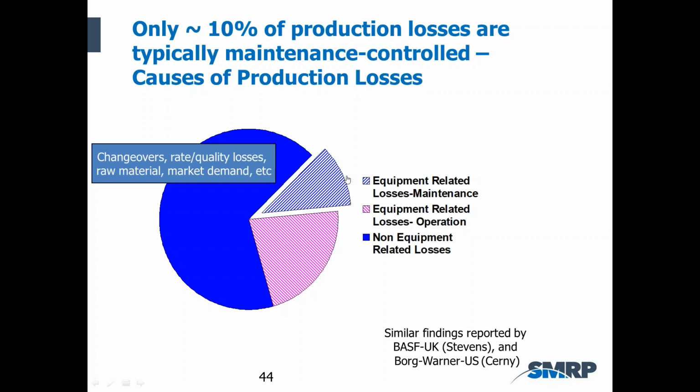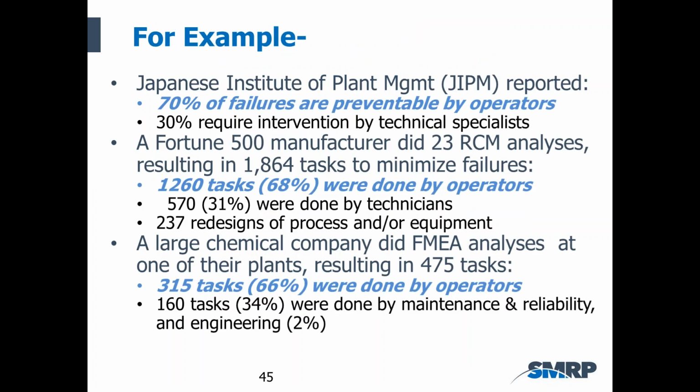Which really means that maintenance only controls about 10% of your production losses. So your process reliability, if you want to think of it that way, maintenance only controls about 10% of that. So it's really, really important that you have a strong production-led process for reliability and to drive operational excellence.